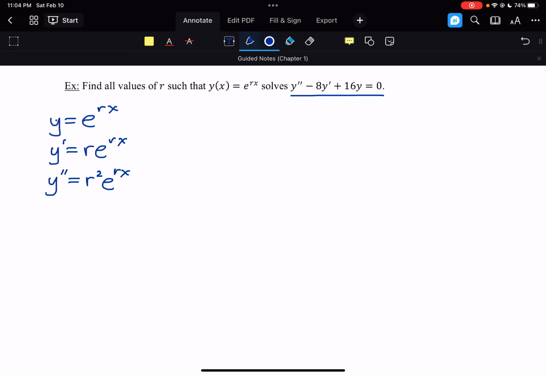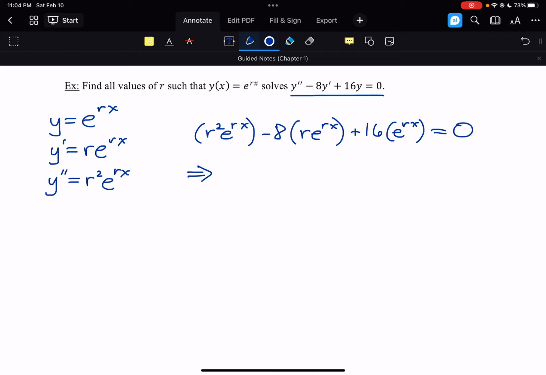Given all of these derivatives, let's substitute into the differential equation. We get y double prime minus 8y prime plus 16y equals 0. And now we need to find all values of r that make this true.